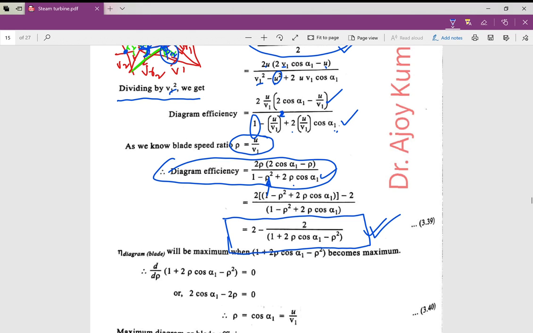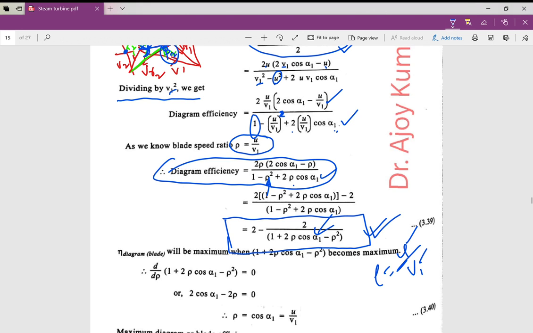Now watch in this whole equation, once the nozzle is inclined at a particular angle alpha 1, that value alpha 1 is fixed. This rho is the ratio of U upon V1. Both U and V1 are variable.